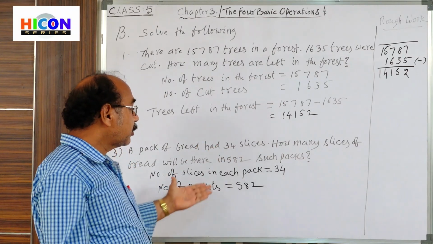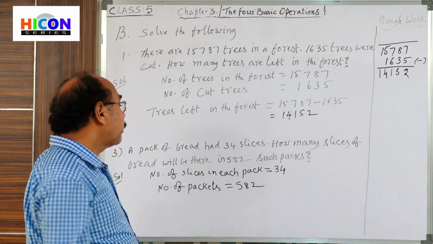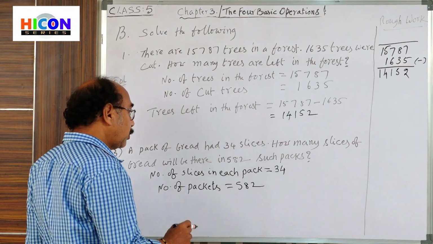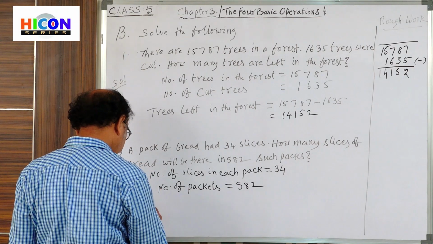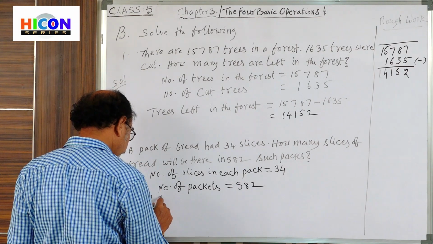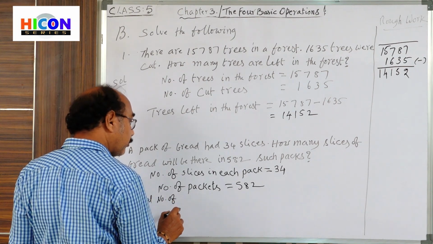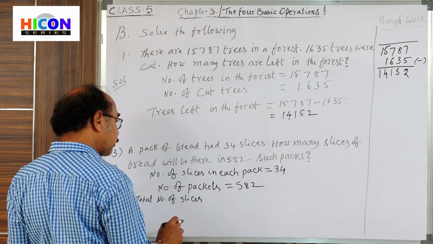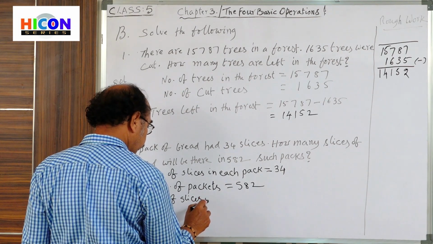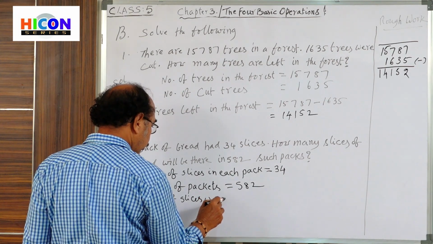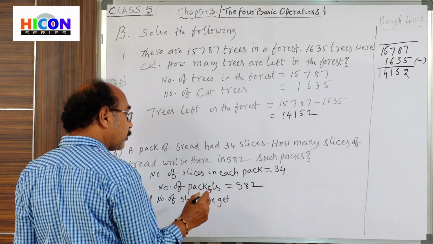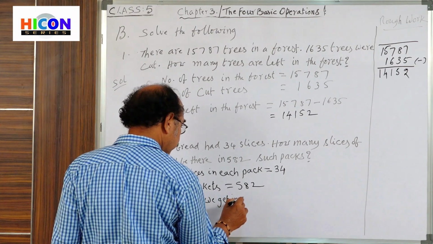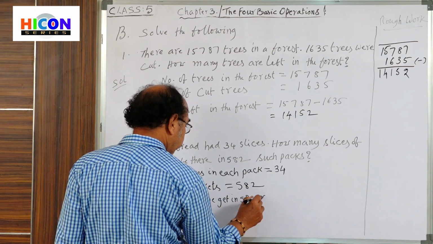So, what is the operation we have to do here? Multiplication operation. Okay. So, total number of slices we get in 582 packs.